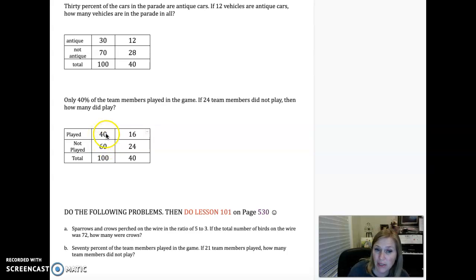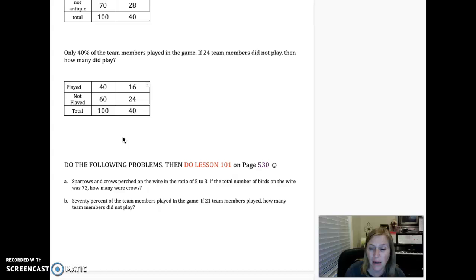We could say 40 times 24 divided by 60, and that will give us 16. We can say 40 times 40, 1600, divided by 100 and get 16. On any of these, we should be able to fill out the missing blanks by multiplying two diagonal and dividing by the one opposite.